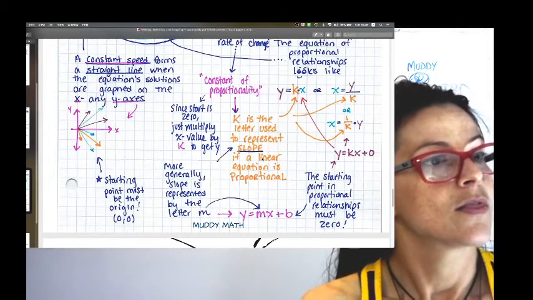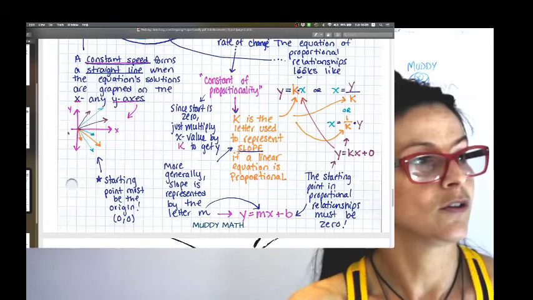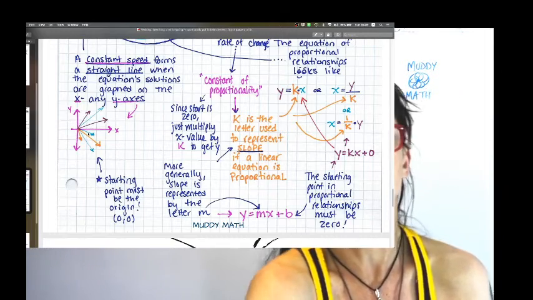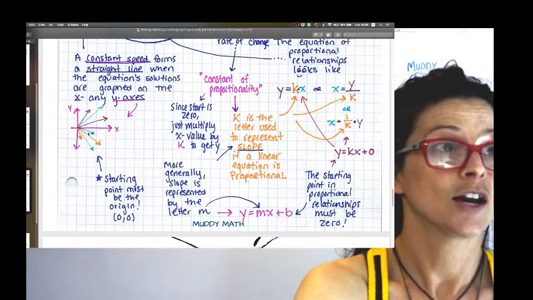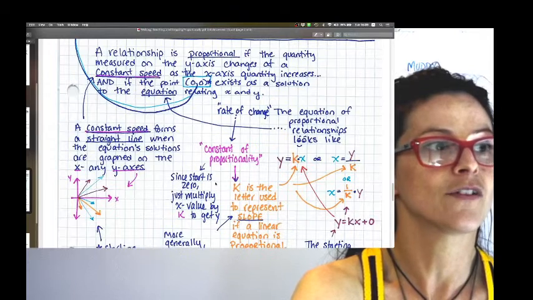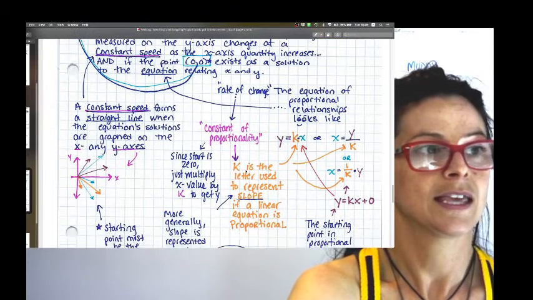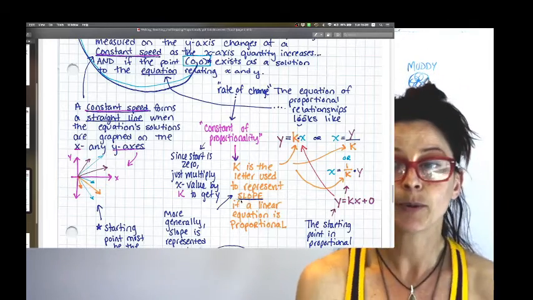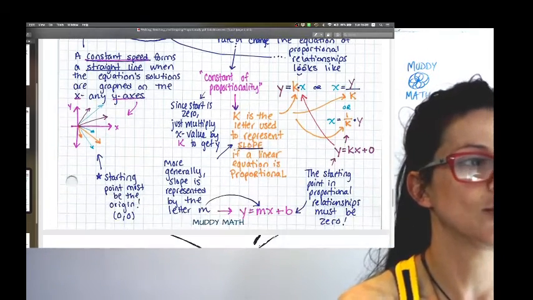Now, these are all beautiful proportional relationships shooting out of the origin because they're starting at 0, 0. Okay? If something is proportional, k is the letter used to represent slope. If it's not proportional, then the letter used to represent slope is m.